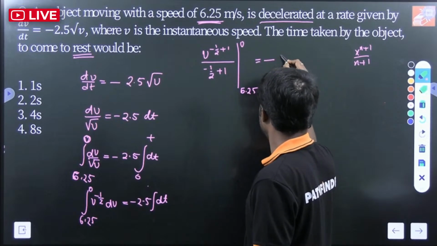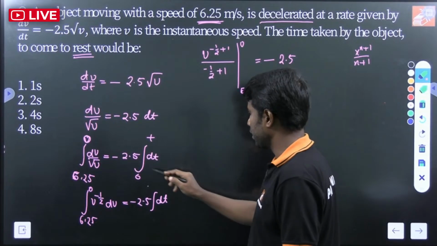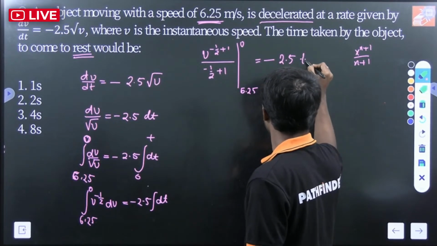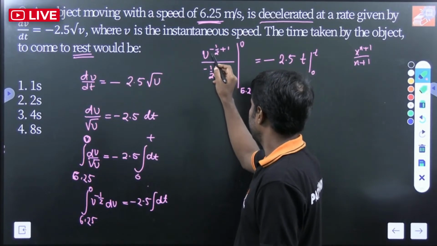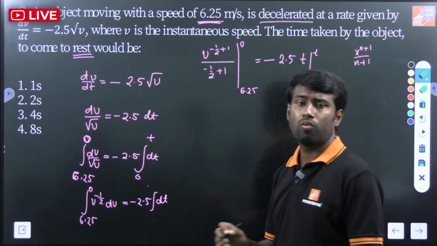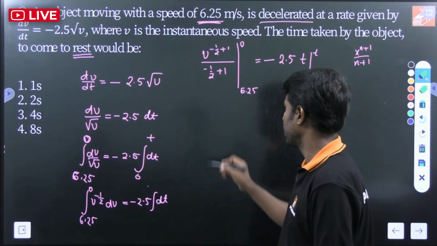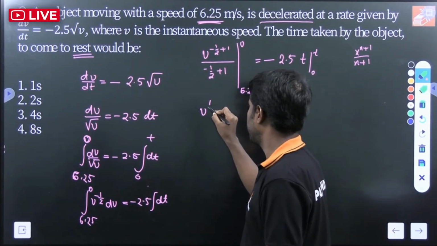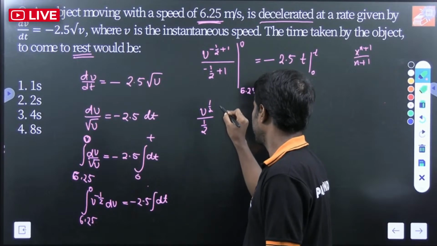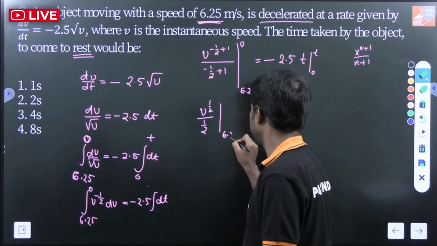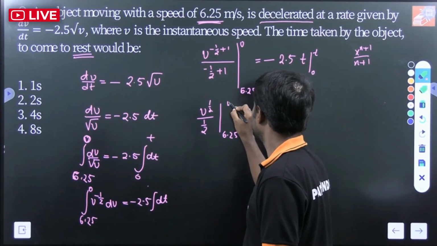And minus 2.5 integration dt gives t from 0 to t. Minus 1 by 2 plus 1 is 1 by 2, so we get v power 1 by 2 divided by 1 by 2.